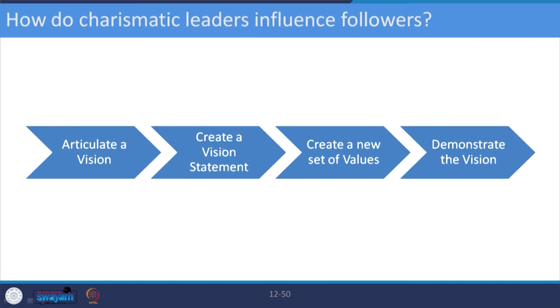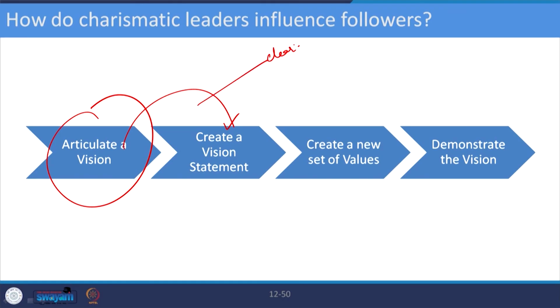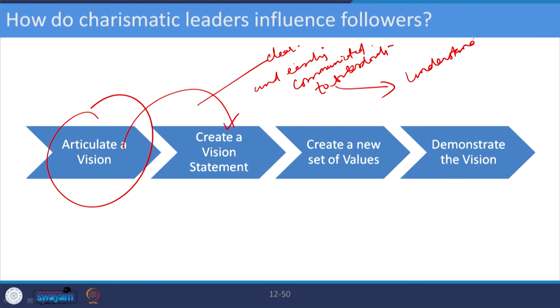How do charismatic leaders influence followers? Through articulating vision, they create a vision statement which is very clear and can be easily communicated to subordinates, so that they can understand the vision.